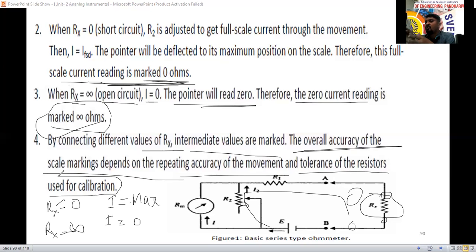If the current is not getting through from one end to the other, because it is cut in the middle, then we have to consider the resistance as maximum. So for the series circuit, if the resistance is 0, the current is maximum. If the meter detects maximum, we consider the resistance as 0. If the resistance is maximum, the current shows 0, and we consider the resistance as infinity.